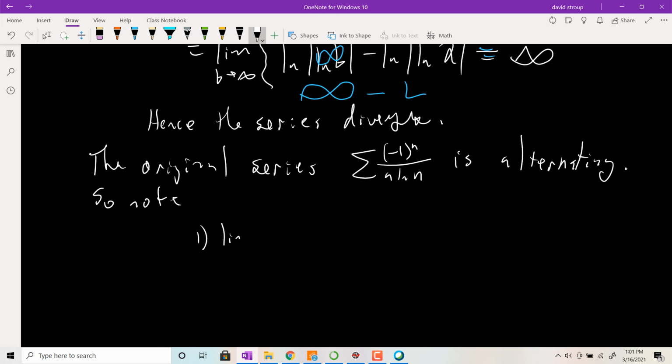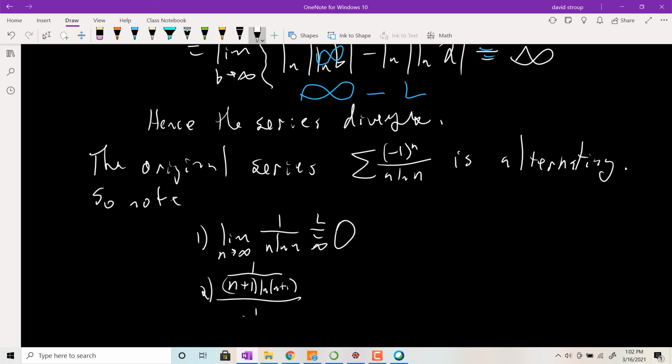First, the limit of 1 over n ln n, as n goes to infinity, that's clearly L over infinity, so that'll be 0. Secondly, you could do a ratio: 1 over (n plus 1) times ln of (n plus 1), all over 1 over n ln n, equals n ln n over (n plus 1) times ln of (n plus 1).